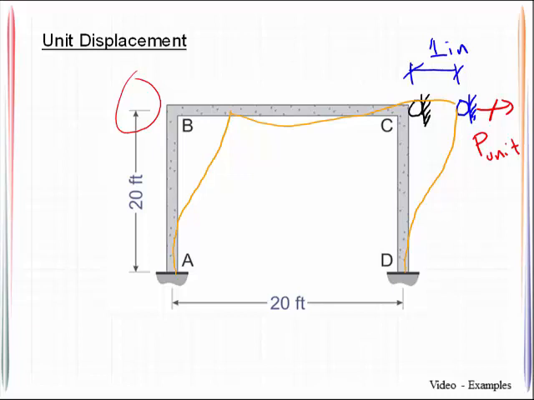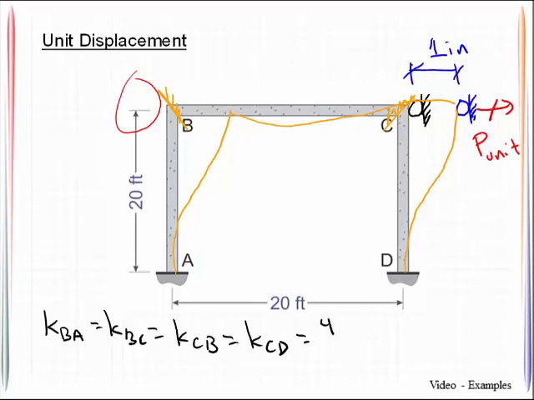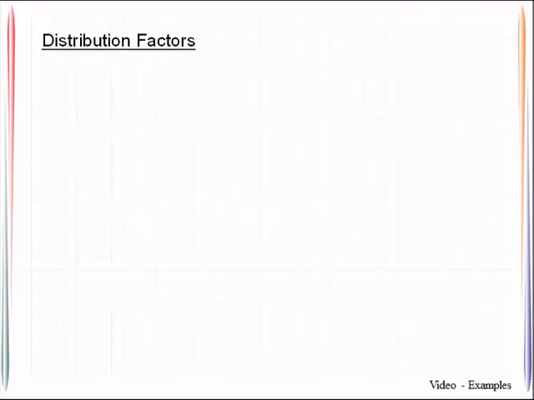Now we are using moment distribution, which means we need the distribution factors. So we will lock all joints against rotation, and since all members are the same length and they are all fixed, this can be done very rapidly. So the stiffness of BA is equal to the stiffness of BC, which happens to be equal to the stiffness of CB, which is equal to the stiffness of CD, which is 4EI over the length, which I will take as 1/5. We can get the distribution factors fairly quickly here.